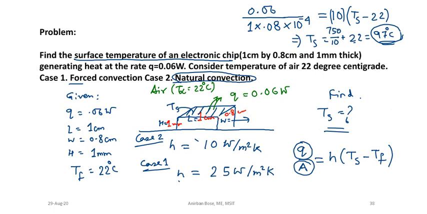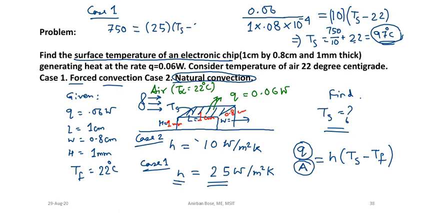Now if the fan is there, the fan will produce some velocity to the air, and because of that, definitely for forced convection the value of H will be increased, maybe 25 or 30. In place of 10, if you put 25, for case 1, if you solve now, it will be 750 equal to 25 into Ts minus 22.